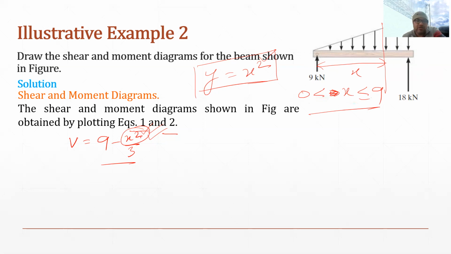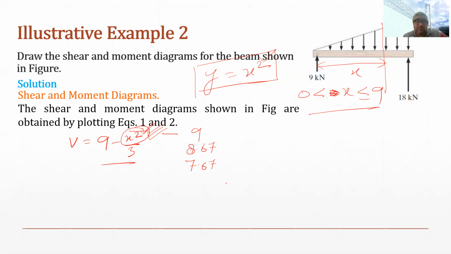So if we put the value of x as 0 in this equation, we get the value of v as 9. Similarly, if we put x as 1, we get v as 8.67. If we put x as 2, we get v as 7.67.